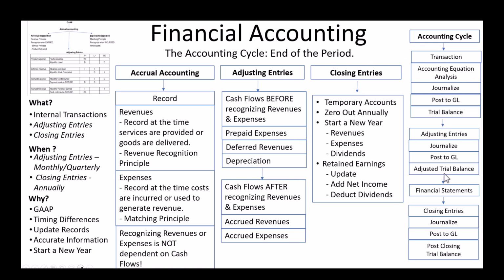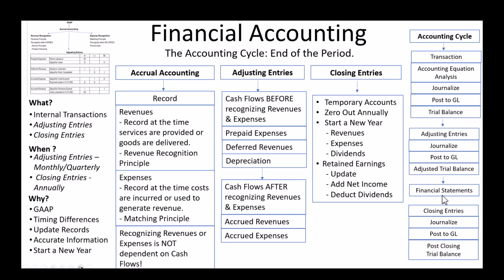We analyze daily transactions, journalize each, post the amounts to the general ledger, prepare a trial balance to make certain that debits equal credits, journalize and post adjusting entries at the end of each accounting period, prepare another trial balance called the adjusted trial balance, again to make sure that debits equal credits, prepare our financial statements to tell our financial story.